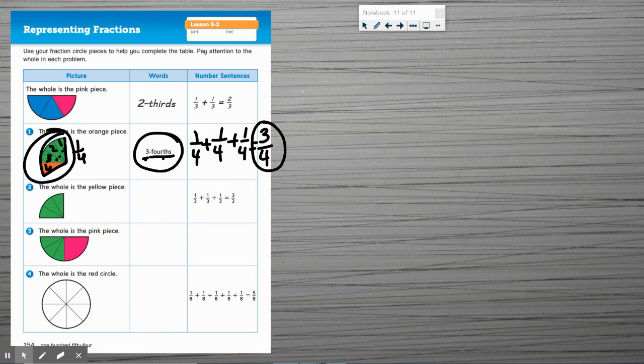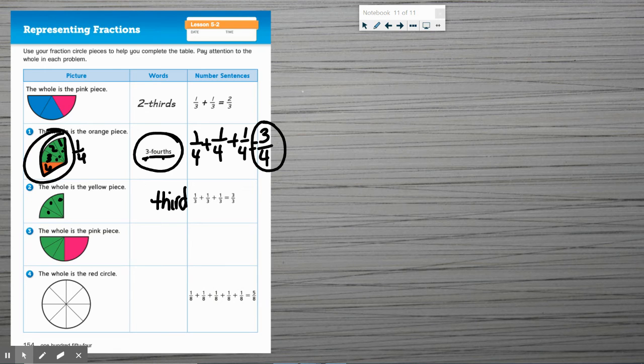Okay, looking at number 2. This time the whole is the yellow piece. Now, I don't see the yellow piece at all, so that means the whole thing is covered. How many pieces are covering the yellow one? 1, 2, 3. So again, I have thirds because there are 3 whole pieces.